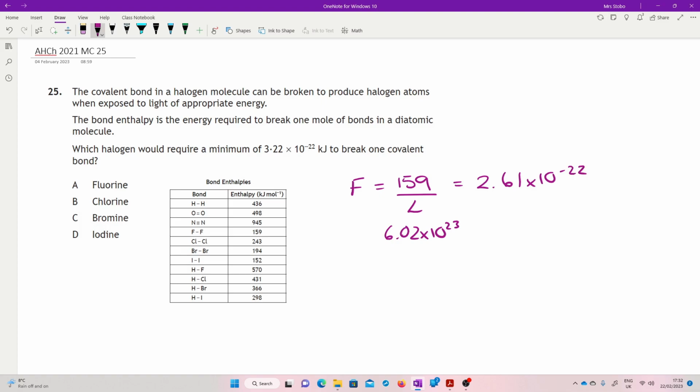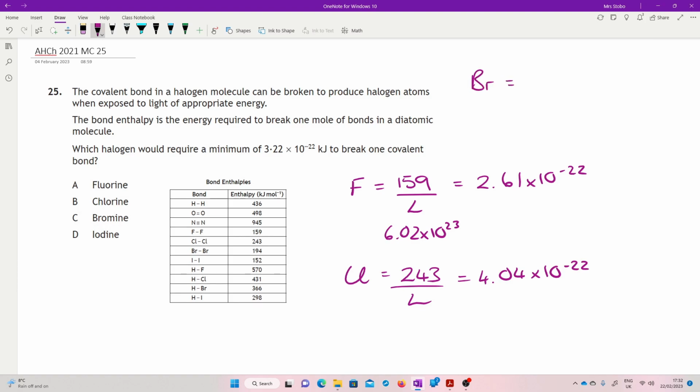I've obviously scribbled all this down already. Next one's chlorine. So that's 243 over L, and it gives me 4.04 times 10 to the minus 22. It's saying we'd require a minimum of 3.22, and I'm like, okay, chlorine at the moment is 4.04 times 10 to the minus 22.